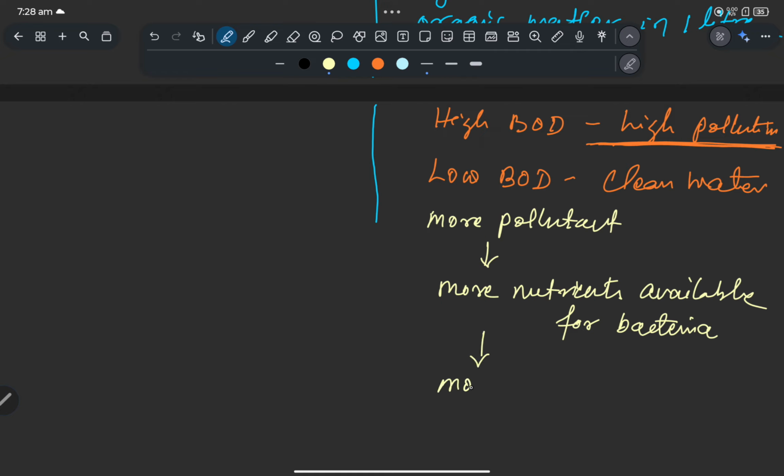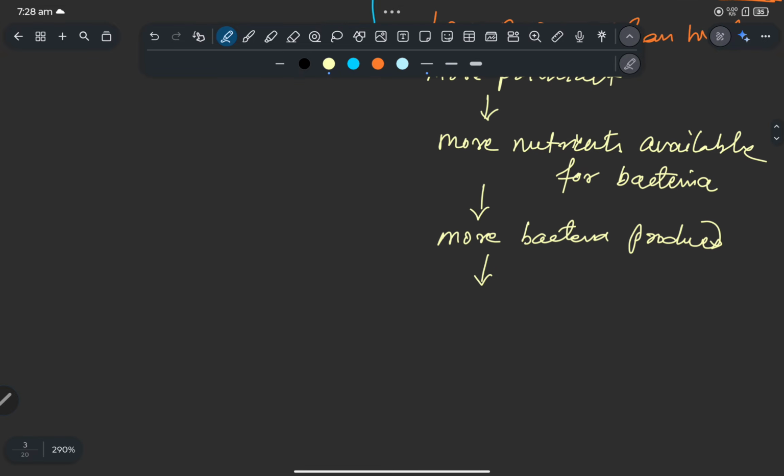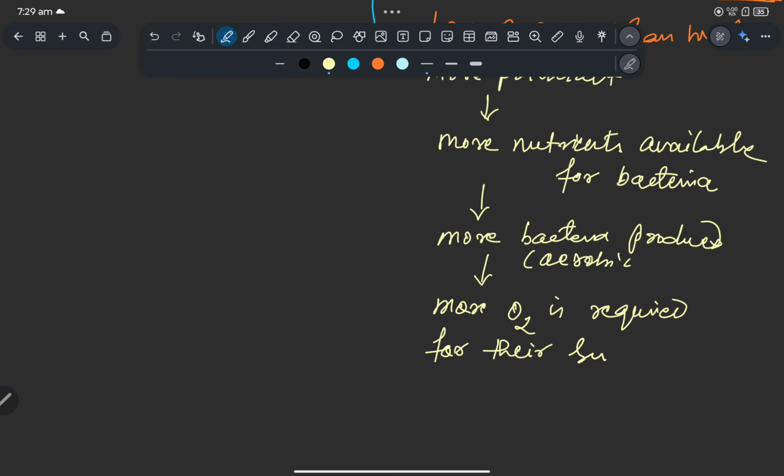So more bacteria are produced. Here, what are the bacteria? Aerobic bacteria. More oxygen is required for their survival as well as to decompose the organic matter.